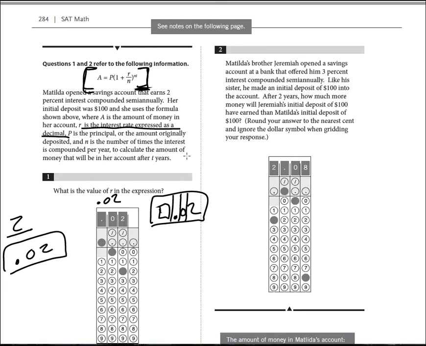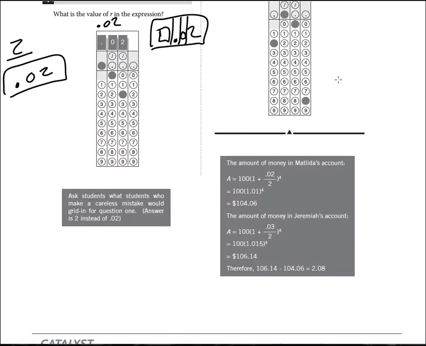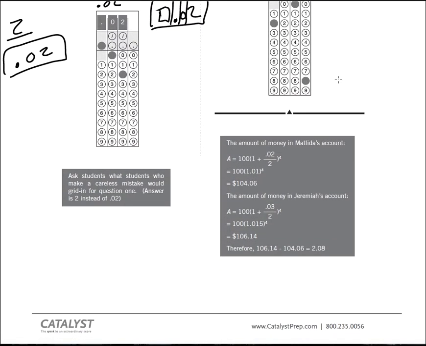So here, what do we want ultimately? We ultimately want to figure out after 2 years how much more money Jeremiah earned off of his initial deposit of $100 than Matilda did off of her initial deposit of $100. And who can tell me what's the only difference between Jeremiah and Matilda in terms of their interest? Yeah, he gets 3% interest and she only has 2% interest on her $100. So what do I have to figure out? I have to figure out how much each of them made, right?